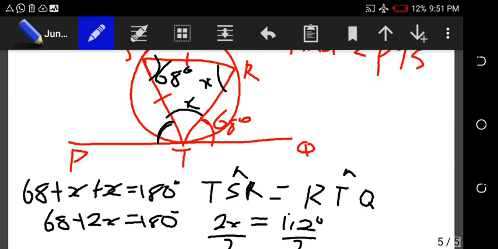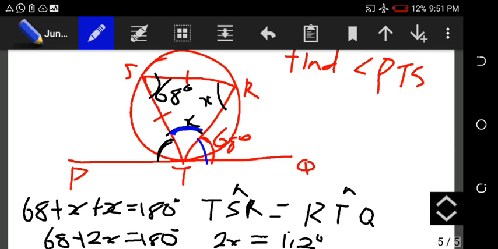Okay, so when we now consider the whole of this, here we know is 56 degrees, here we know is 68 degrees. So how then do we get here? There are two ways we can get here. One way is utilizing the concept of angles in alternate segment.